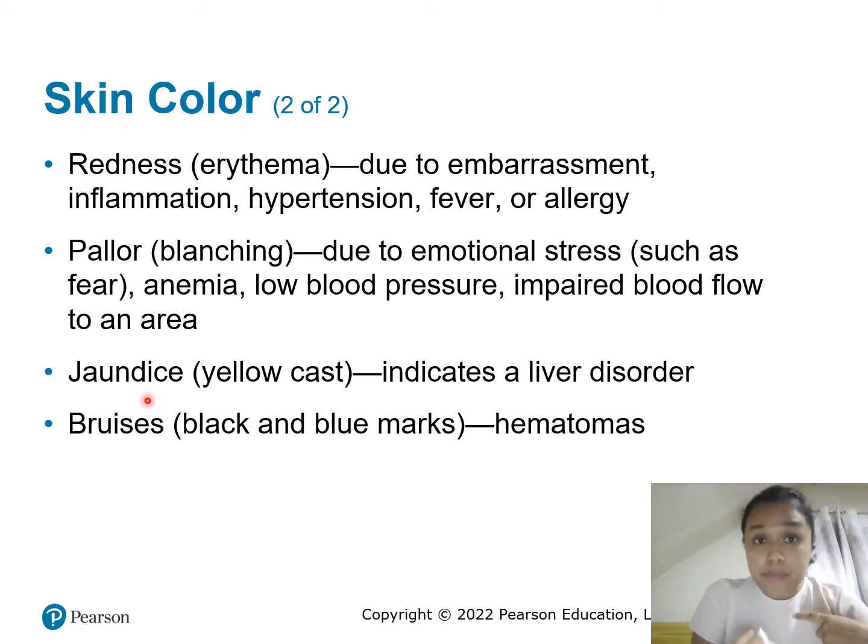You can also see it in the eyeballs, in the palms, on the floor of your tongue. You can ask the patients to lift their tongue, and you can see it's a bit yellowish down there. It usually indicates that there's a problem with the liver. And also, bruises. Black and blue marks which can be hematomas.